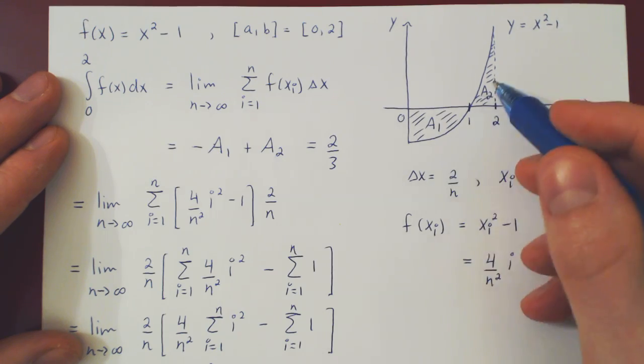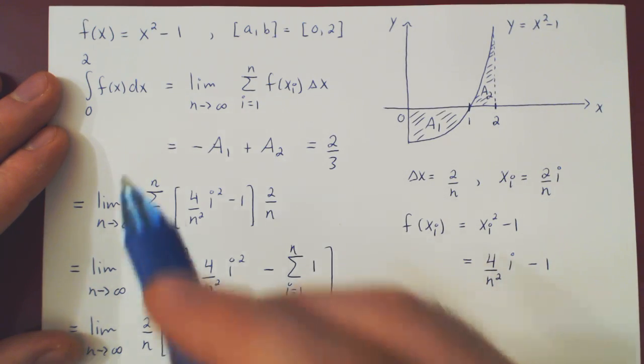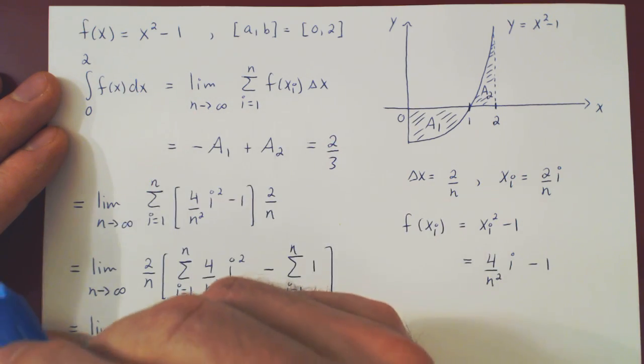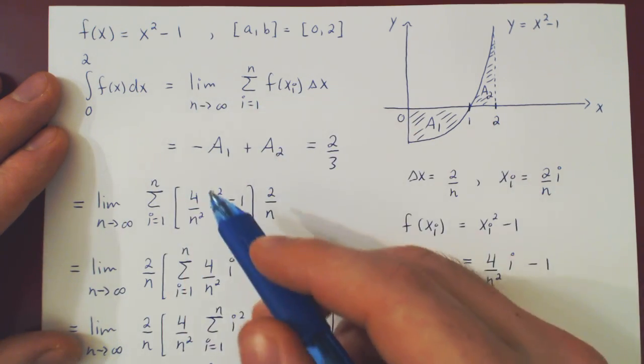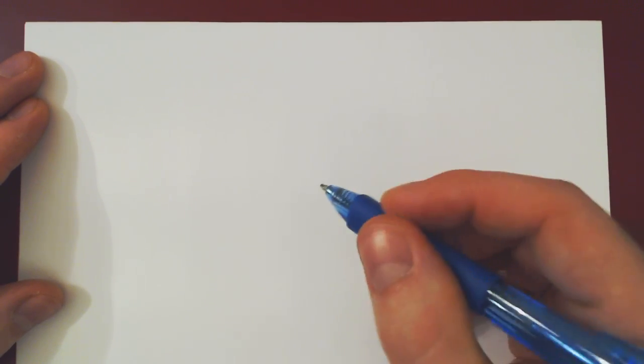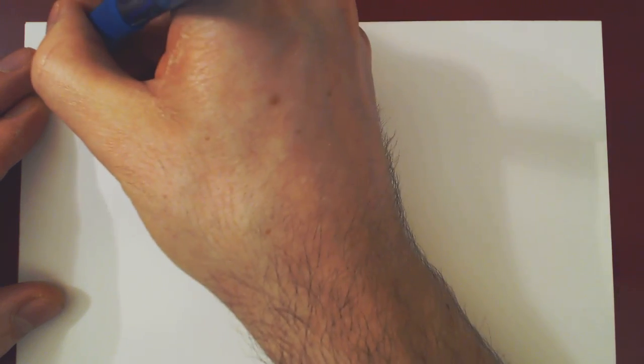There's one thing though that might seem strange here, is why are we using this notation to represent the limit of a Riemann sum? There's a very good reason, and let's see why now. So I'll draw the picture for f of x, and I'll be assuming that f of x is positive just for argument's sake.